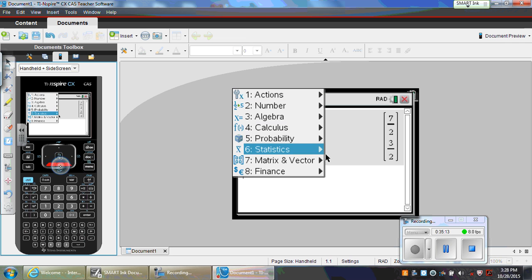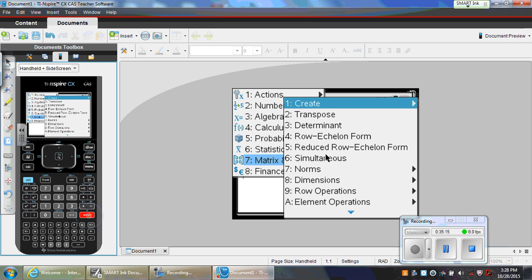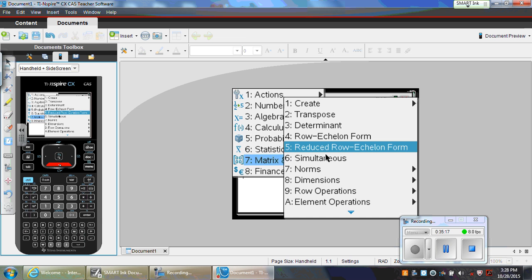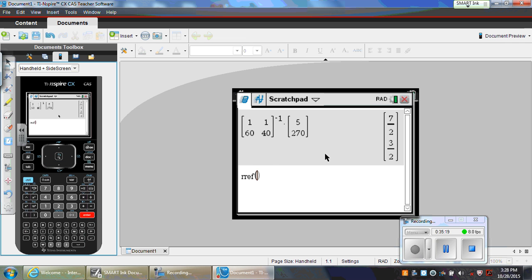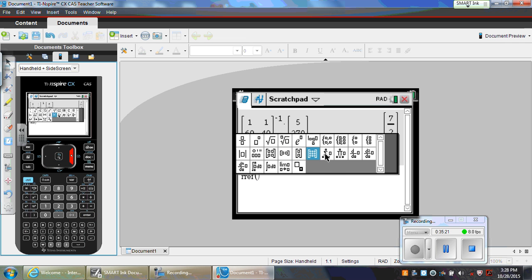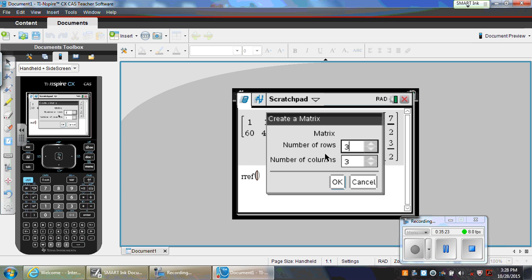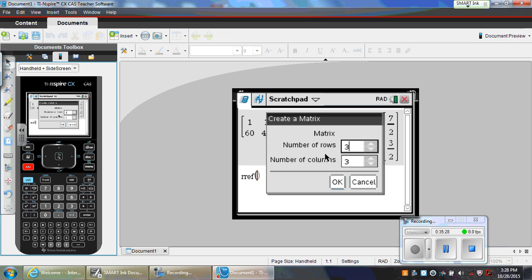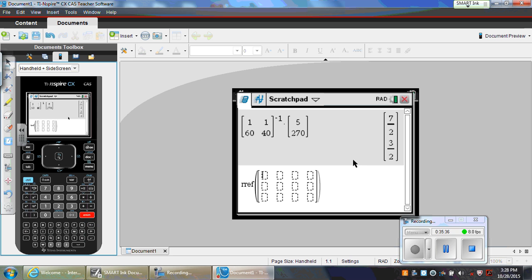So now let's go ahead and solve this with the Gauss-Jordan method or reduced row echelon form. So let's go to matrix. Select number 5. And what are the dimensions of the matrix that we need? We need to account for the last column. So 3 by 4. So go ahead and enter your matrix, please.